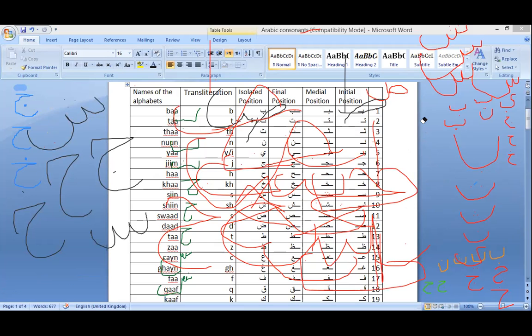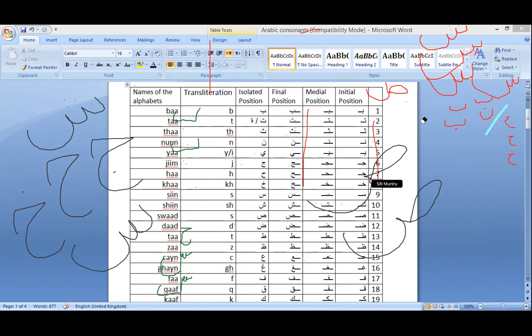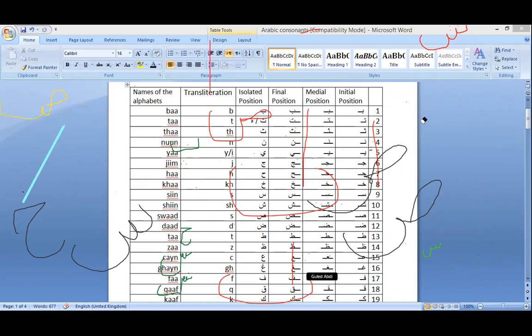Yes, the last 2 groups, Sha and Da, and Ta and Da. Let me clean this so that we write the last group.